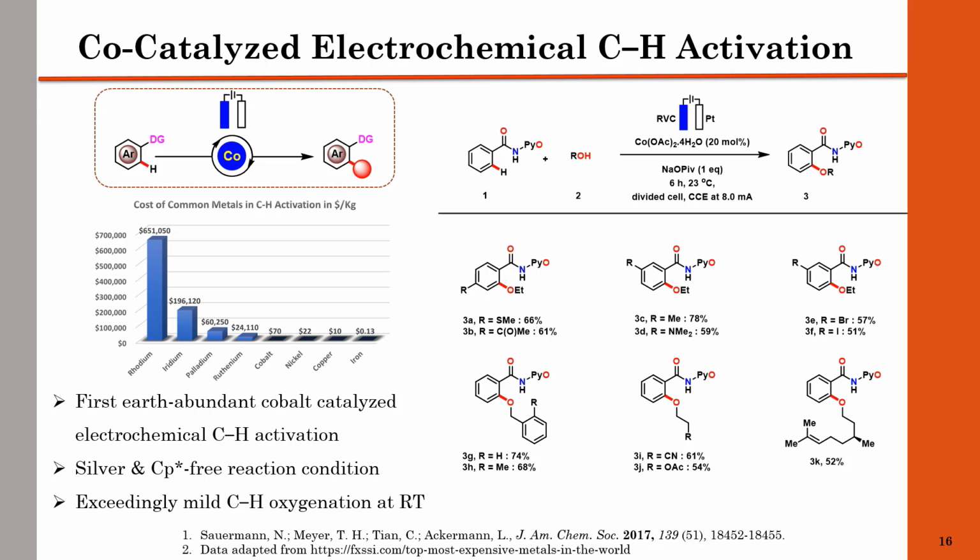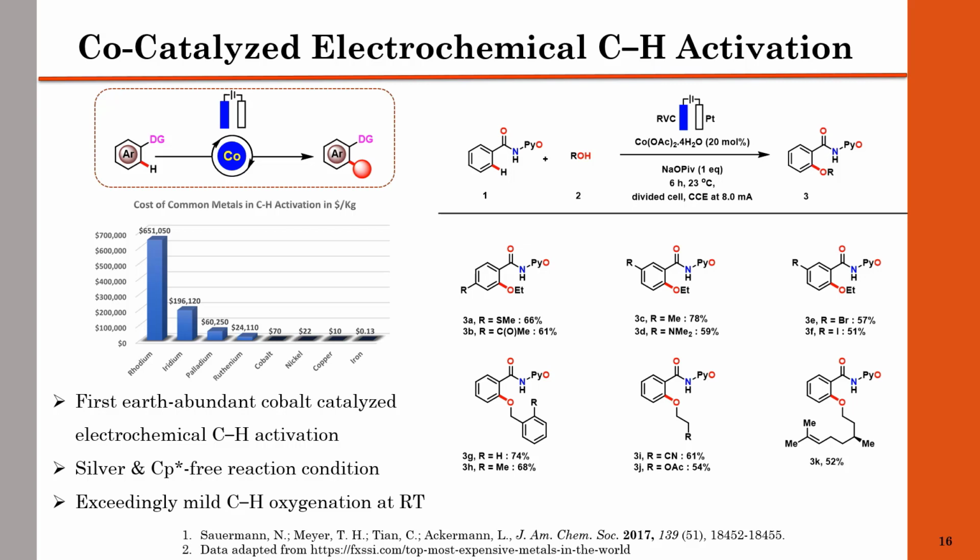And also cobalt is a first-row 3d earth-abundant transition metal. Therefore we can replace the very expensive catalyst with a low-cost catalyst.